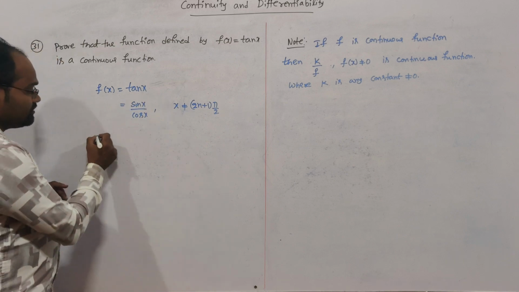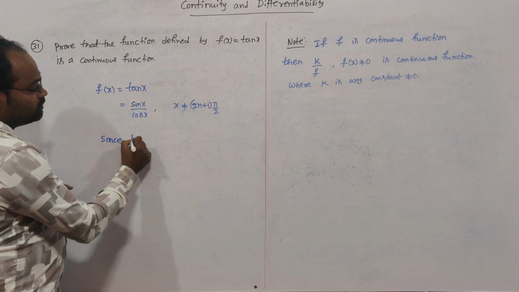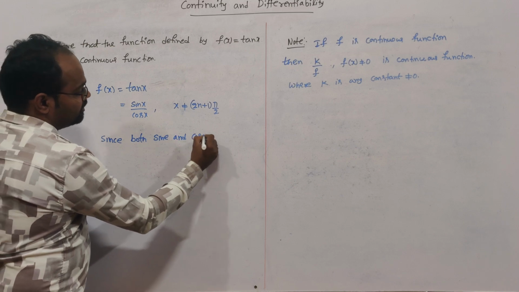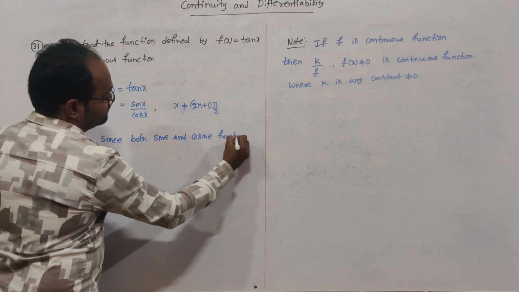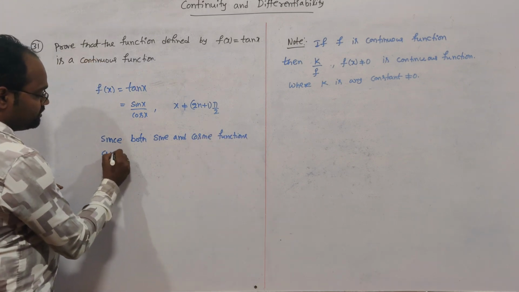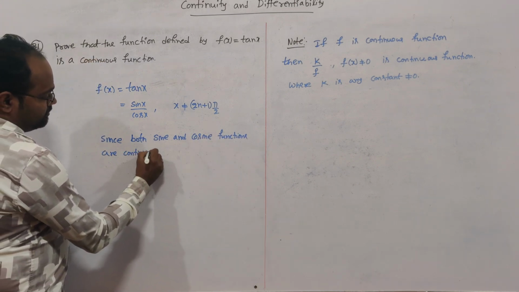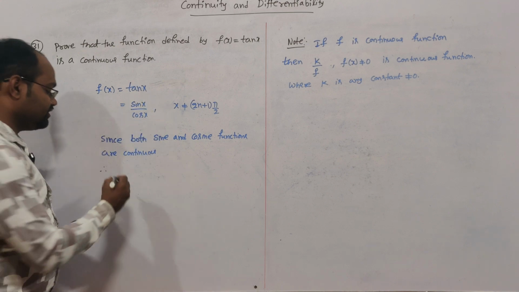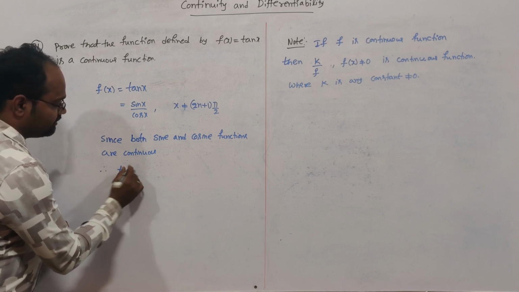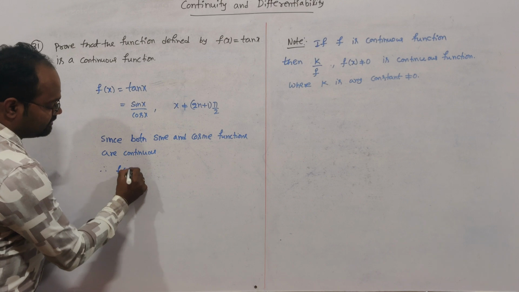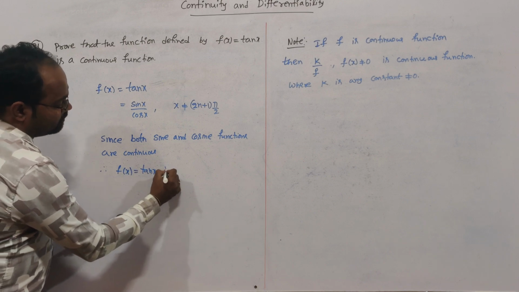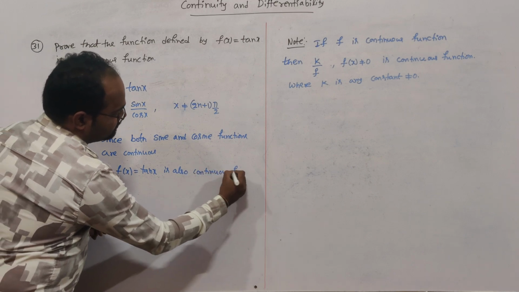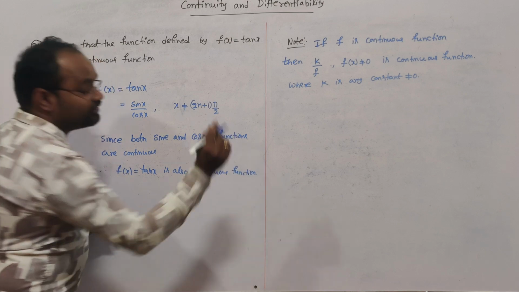Therefore, since both sin and cosine functions, we proved this, are continuous, therefore f by g, it is in the form of f by g, tan x, f of x is equal to tan x, is also a continuous function in its domain.